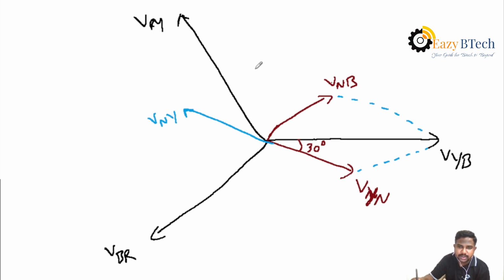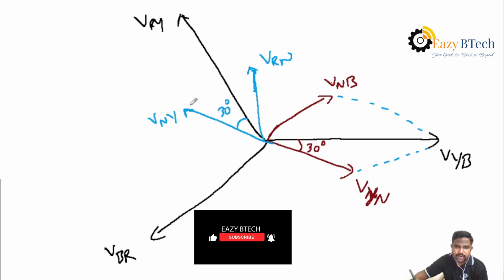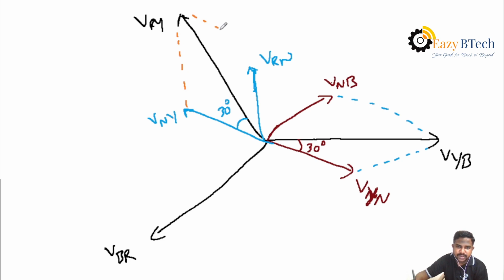What is the other vector here? The other vector is VRN. Here also both are separated by 30 degrees. Hence, we will get the line voltage, which is nothing but the addition of the phase vectors.